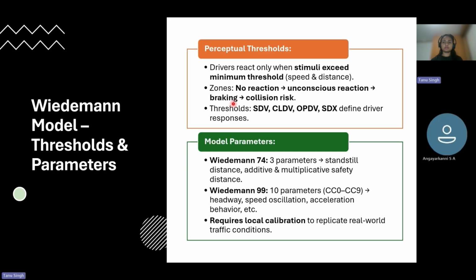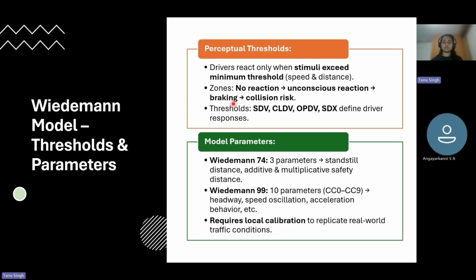So these are the four zones of car following behavior. The thresholds are like STV, CLDV, OPDV, and STX, which define when these reactions occur, whether there is no reaction or there is a minor adjustment.